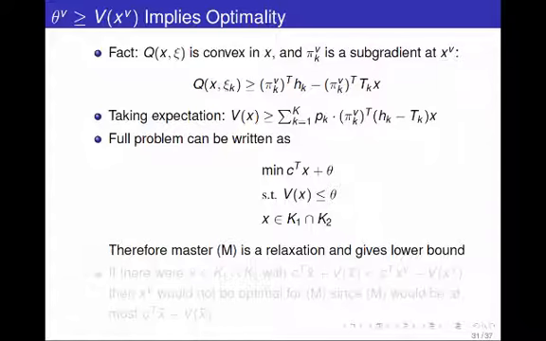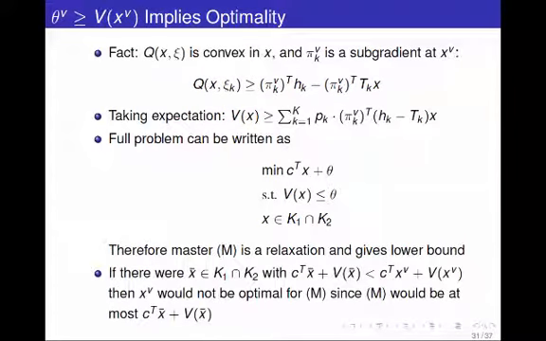So the master problem is a relaxation of the proper problem, and the claim goes as follows. I've just argued that the master is a relaxation of the real thing. Suppose that when I'm solving a relaxation of the real thing, I find an xv and a theta v that satisfy the termination criterion constraint: theta v is greater than or equal to Wv.